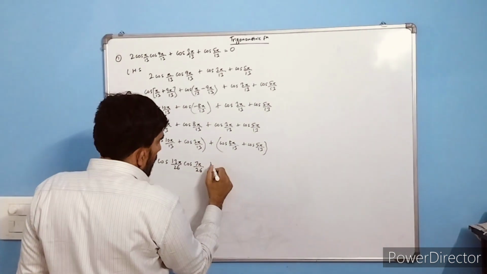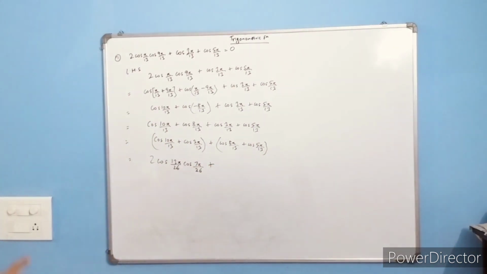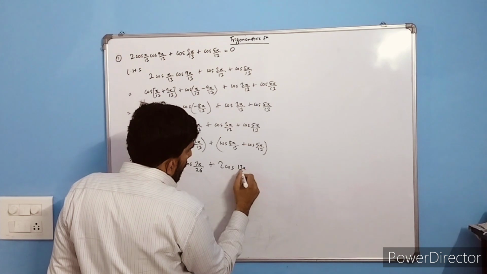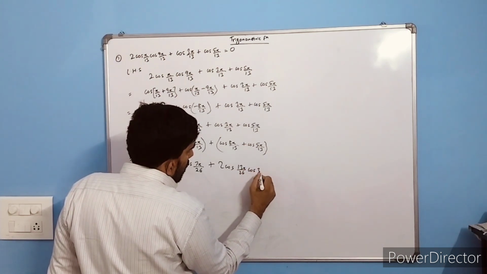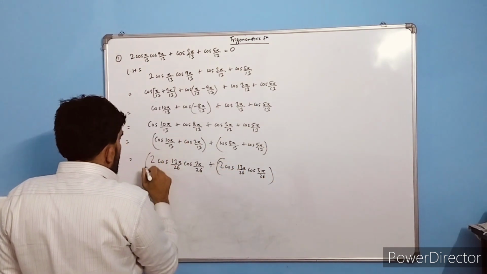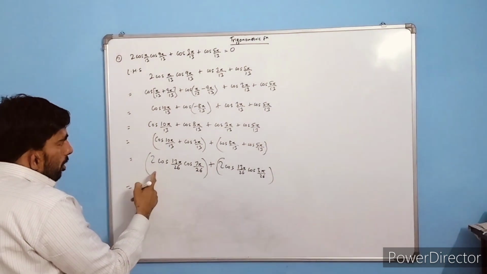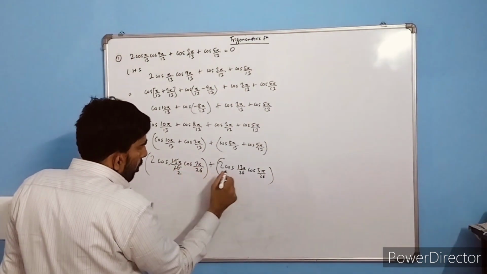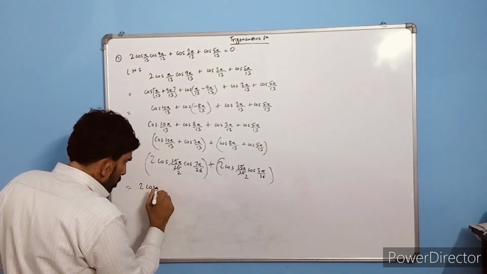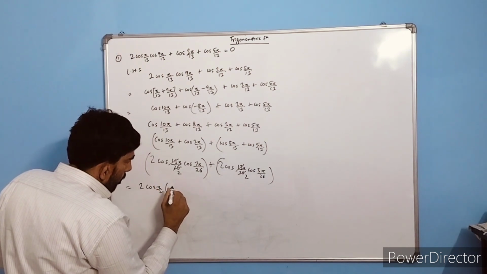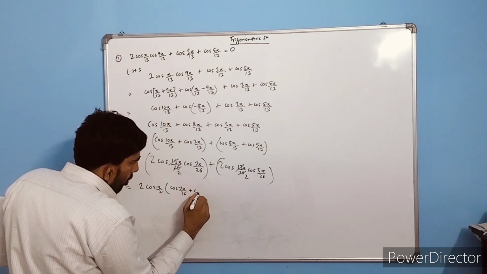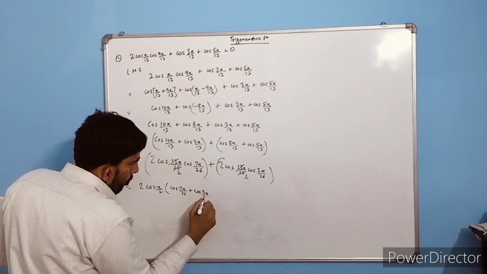Now plus we have, here also we can apply 2 cos 13 pi by 26 cos 3 pi by 26. Okay. Now what we can do, reduce this. Okay. Now we can take 2 cos pi by 2 common. We have cos 7 pi by 26 plus cos 3 pi by 26.